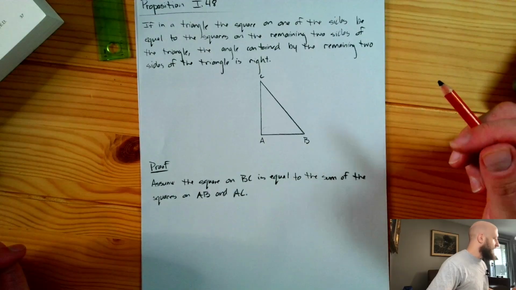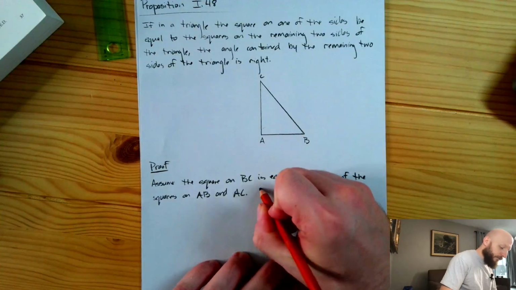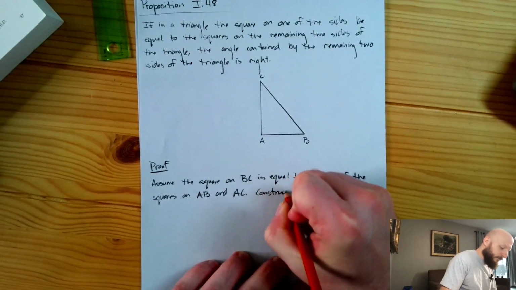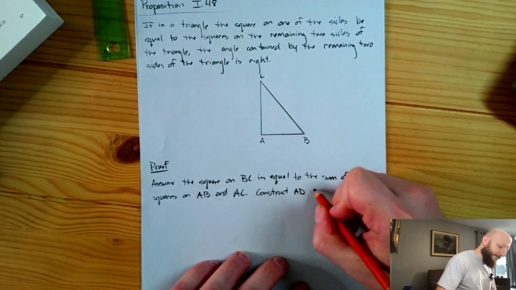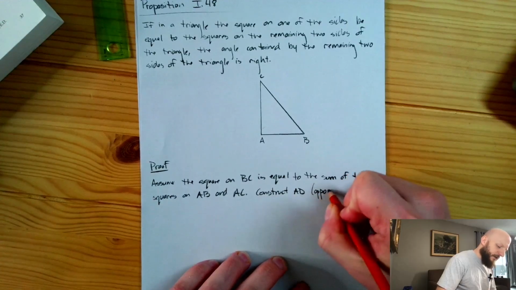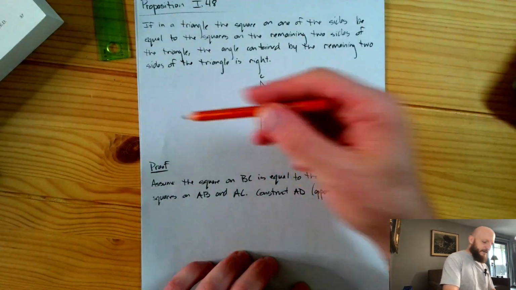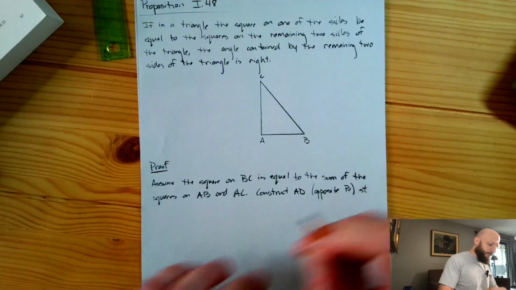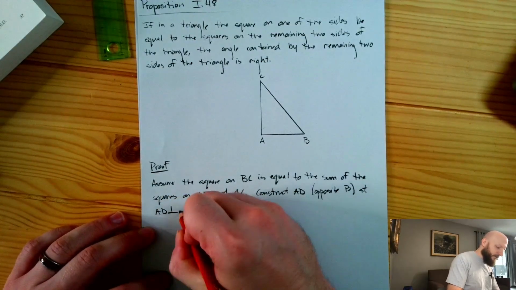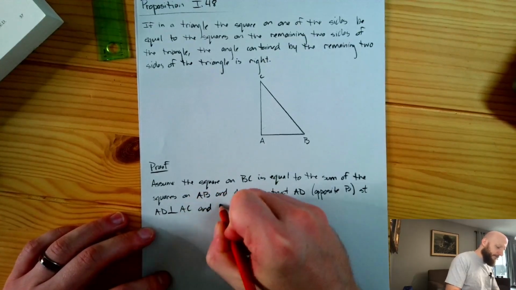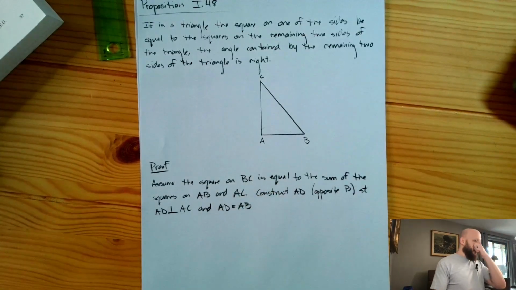So how do we do that? First of all, we construct AD, opposite B, such that AD is perpendicular to AC, and the length of AD is equal to AB.